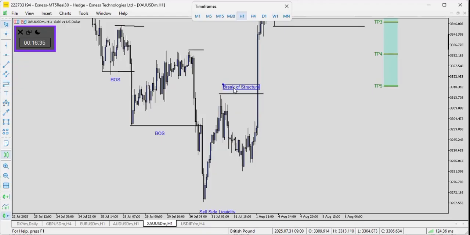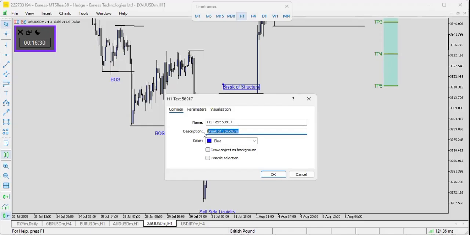This particular point has a different name. This particular place, we say change of character. Short, we call it CHOCH.